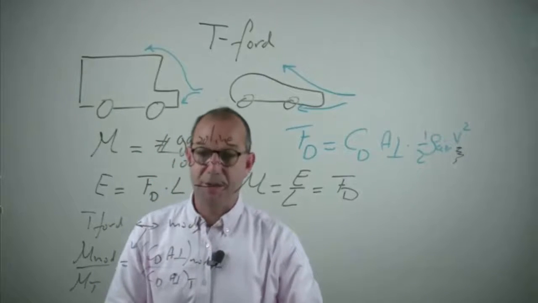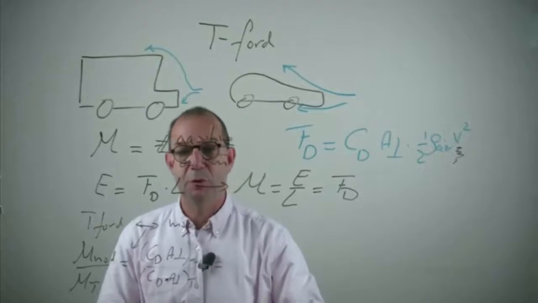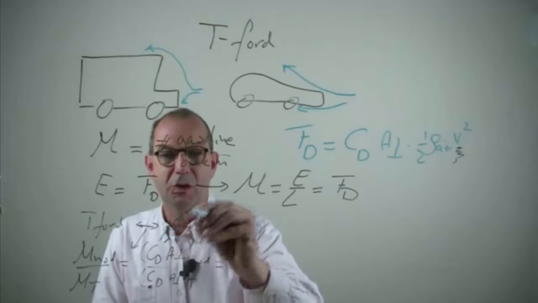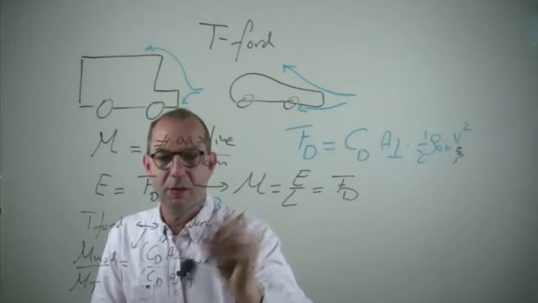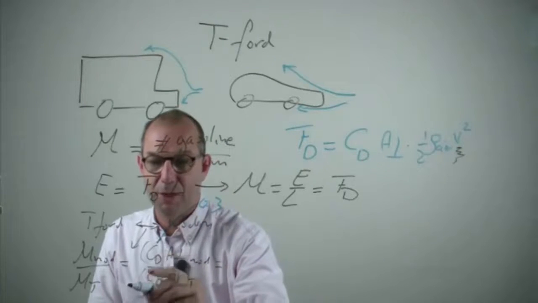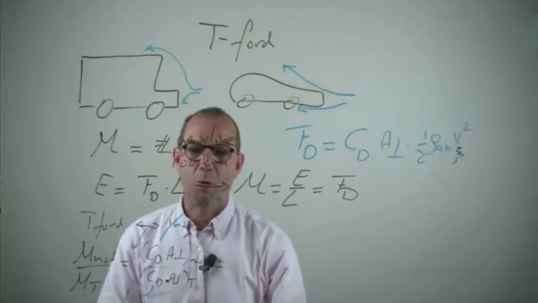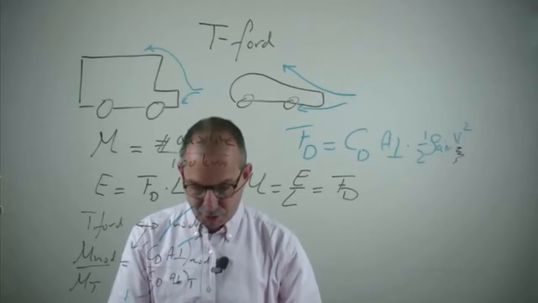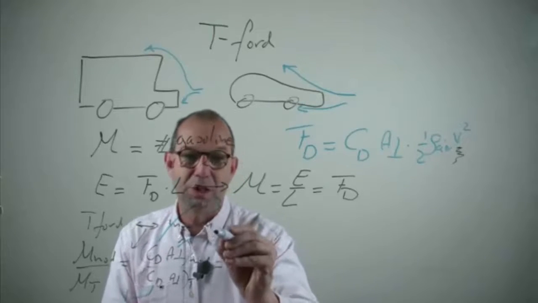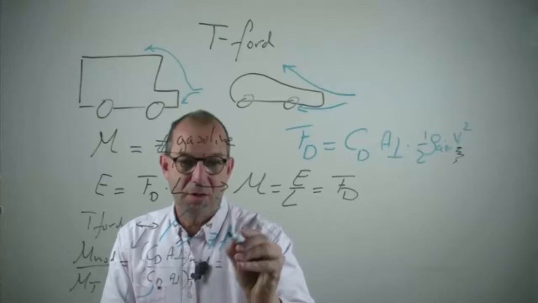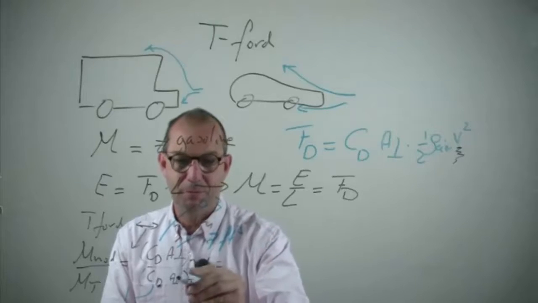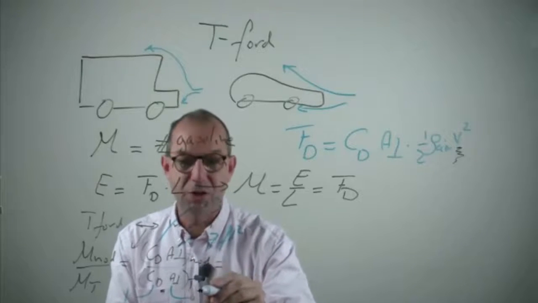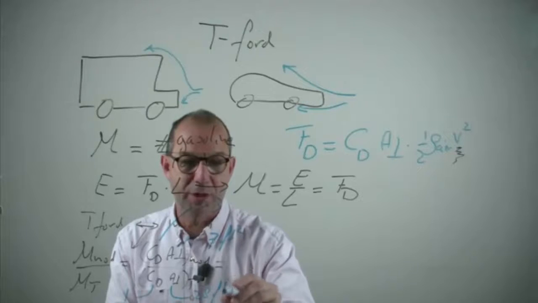And we can look these numbers up, for instance on the internet. You will find that drag coefficients for modern cars are 0.3, whereas for the Model T, which is much less streamlined, it's about 1. The frontal area of a modern car is, if you look on the internet, 7 square feet, whereas for the Model T that is 28 square feet.